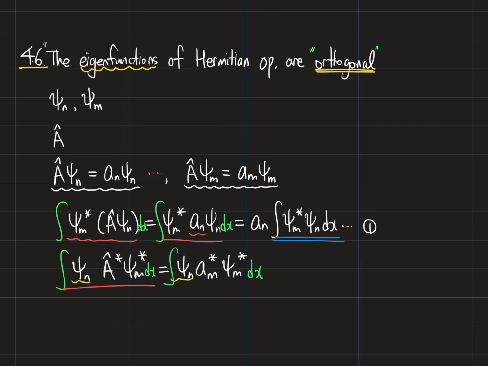We cannot really do anything for the left-hand side, but for the right-hand side, am star, even though this might be a complex number or not, is simply a constant. So we can take this out of the integral sign, dx. So this is our second equation.